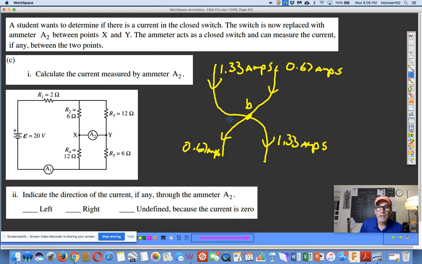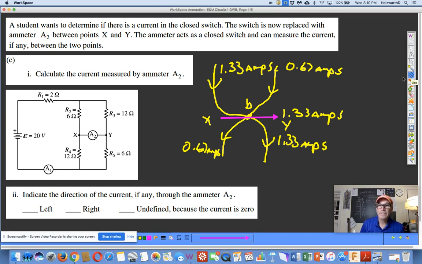That's the direction in which the current jumps over to the right-hand side. I should specify that this is the X side and that's the Y side. So the current goes from X to Y once it reaches junction B.